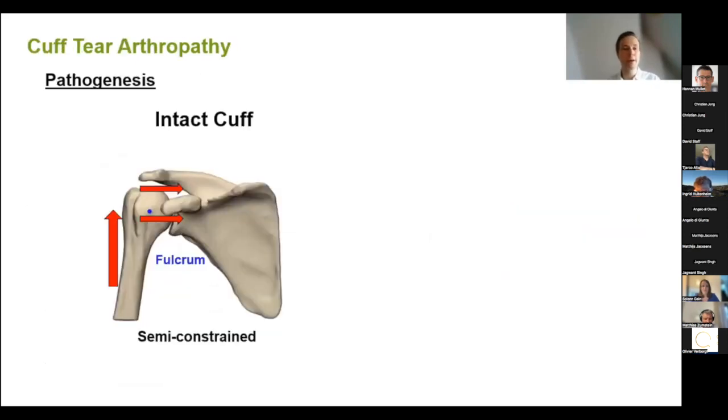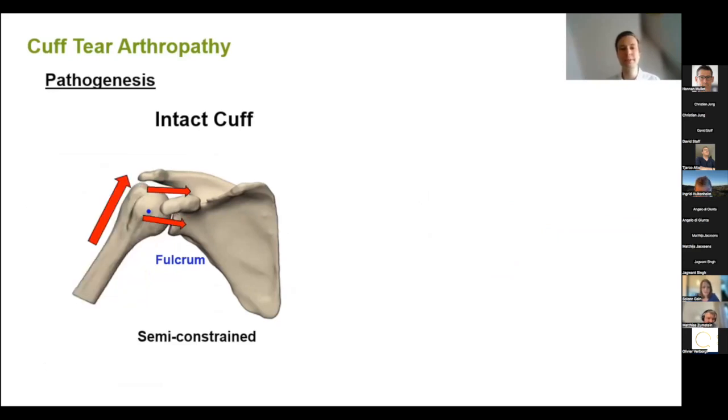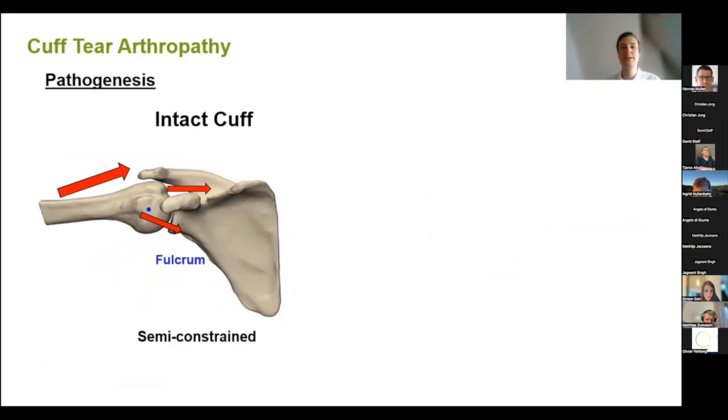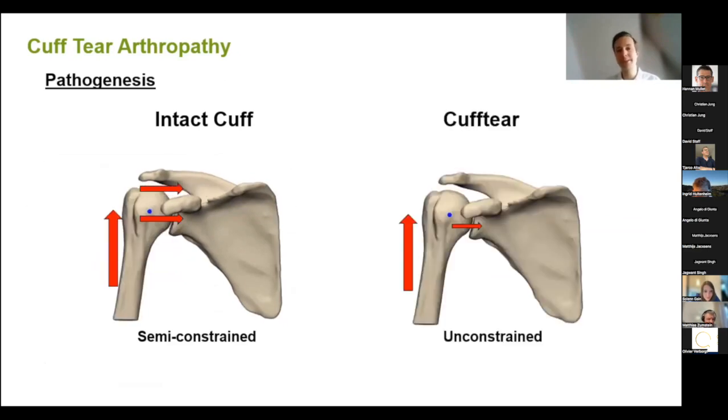Now we get to cuff tear arthropathy, or CTA, and this must be seen as a natural evolution of rotator cuff tears. As mentioned before, the rotator cuff pulls the humeral head into the glenoid to a fixed center of rotation, or so-called fulcrum. Tears of a substantial size can lead to an unbalanced force couple, resulting in a missing fulcrum.